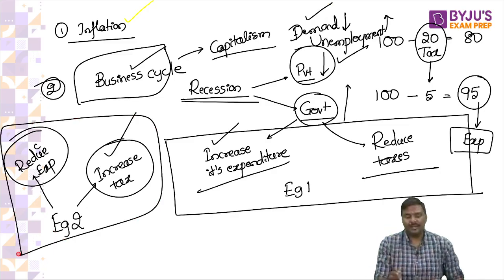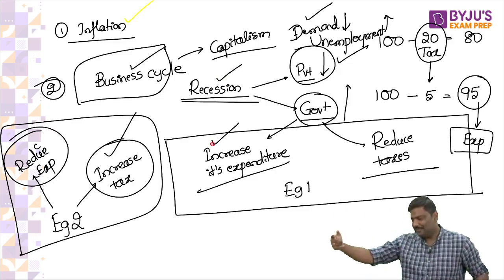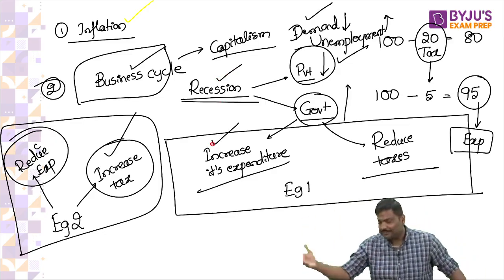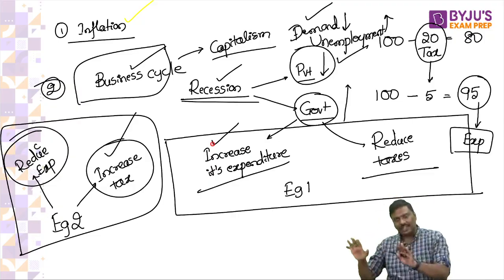What is going to happen to the recession here? Will it not increase the recession? Will it not lead to a more severe recession? The answer is yes. So understand the logic here.